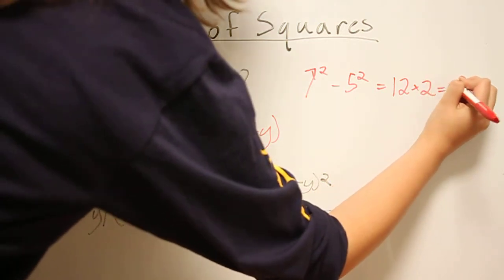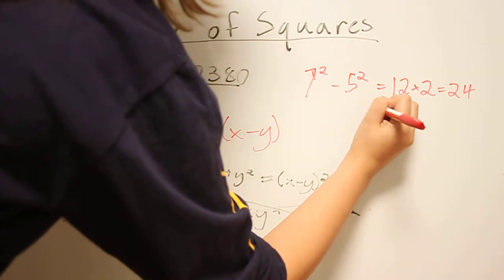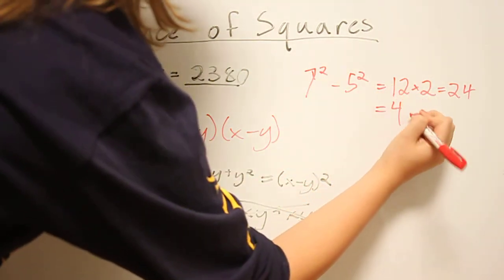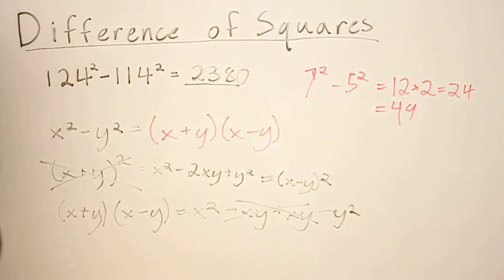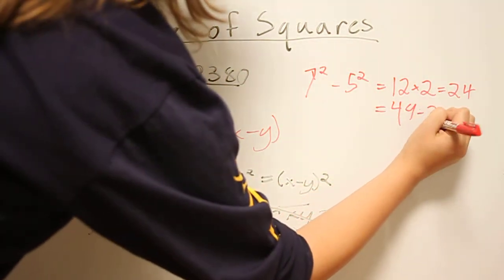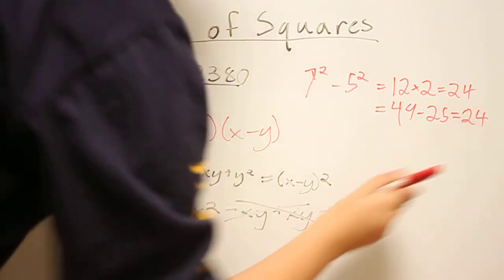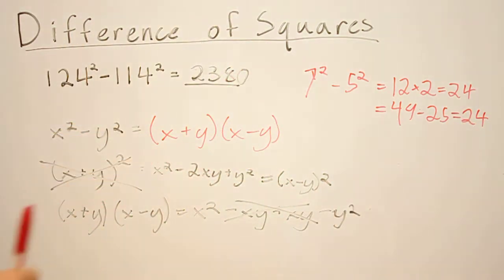So this gives us 24. We can also just figure this out by calculating. 7 squared is 49, and 5 squared is 25. This again gives us 24. So this does check out that this works.